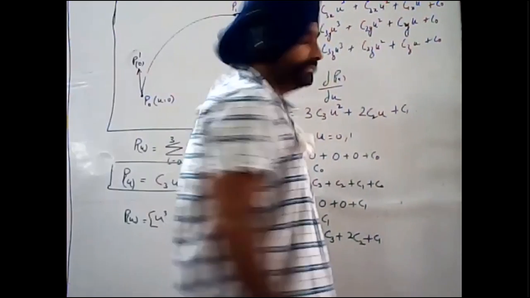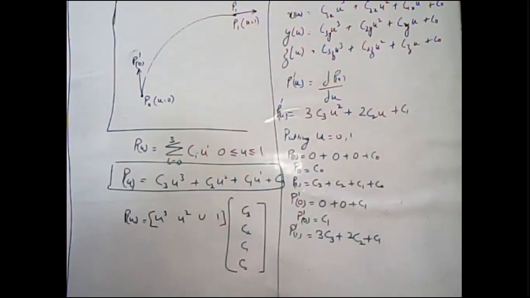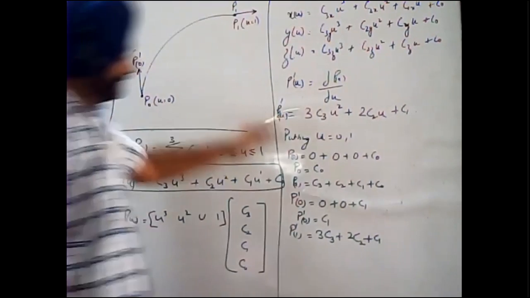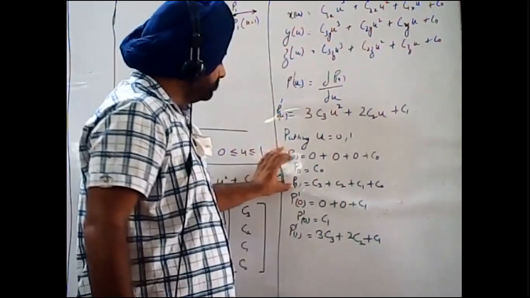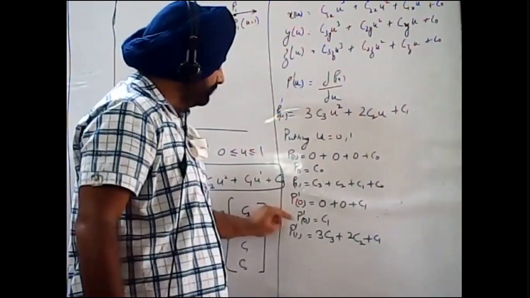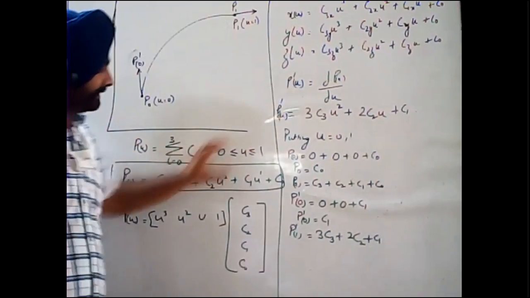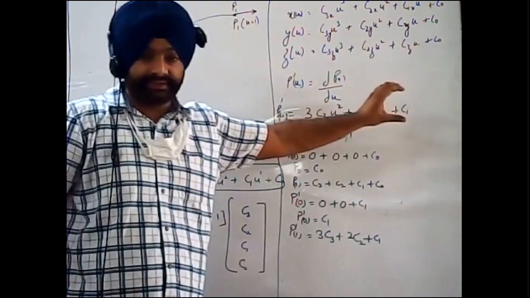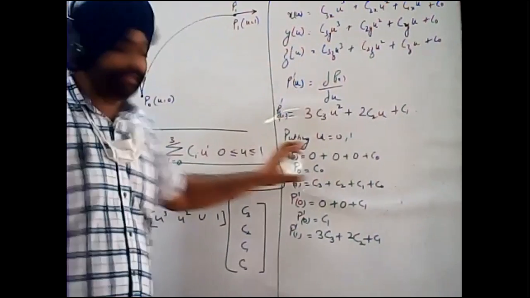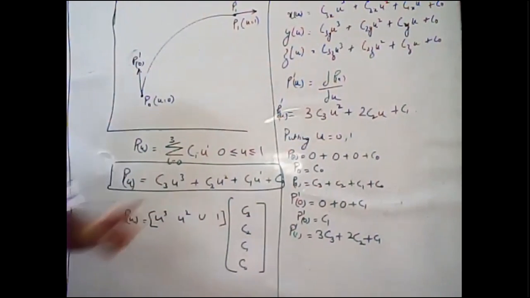Right? So this is the equation that is going to be generated. Putting equal to 0, putting equal to 1, putting equal to 0, and putting equal to 1, in case of points and in case of tangent. This is the equation for tangent, and this is the equation for points, the two control points.